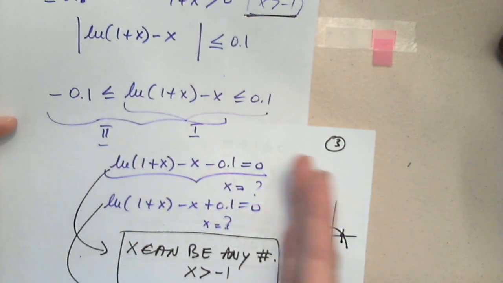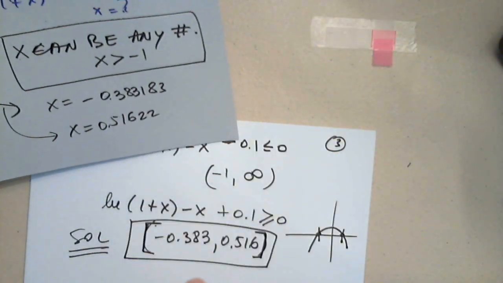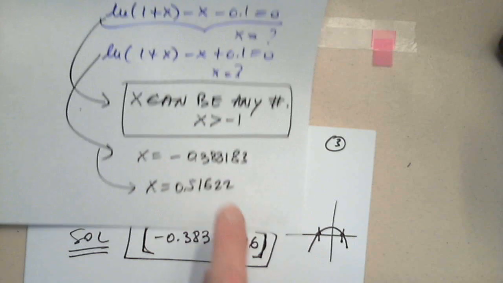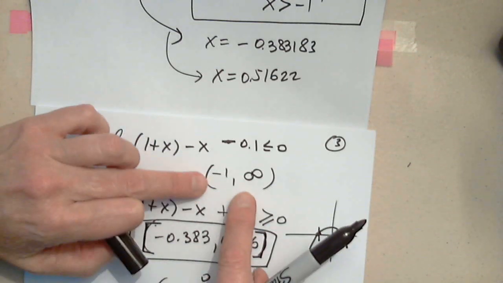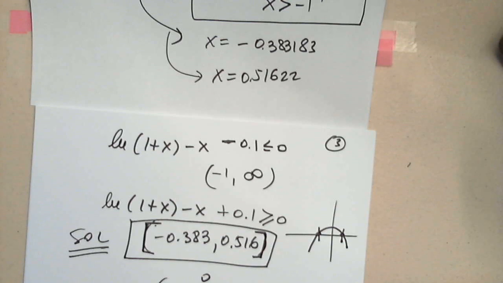This one gives us everything to the left of -1. And when we intersect this territory, let me show you one more time how to do that. So the first one is between -1 and infinity. That's the first one. The second one is between -0.383 and 0.516.